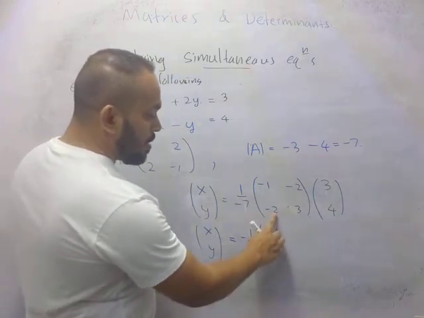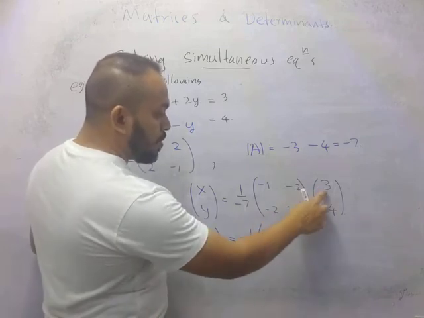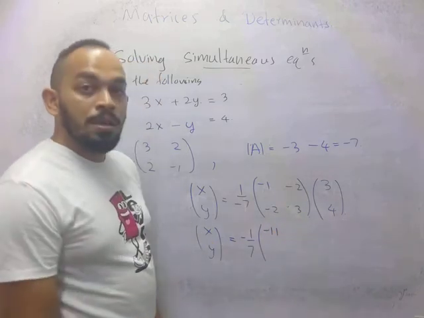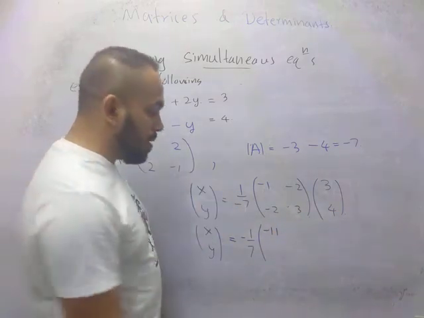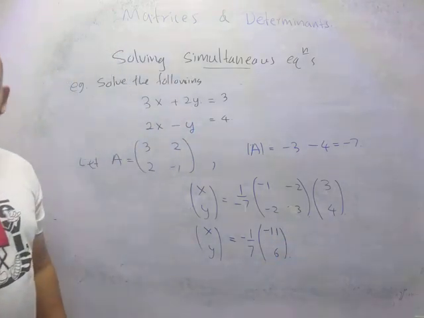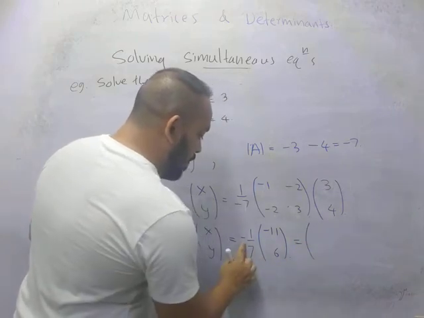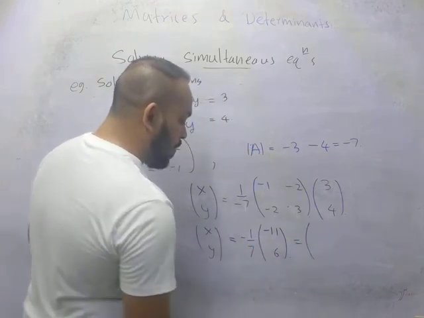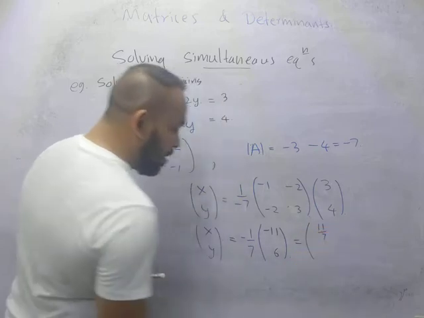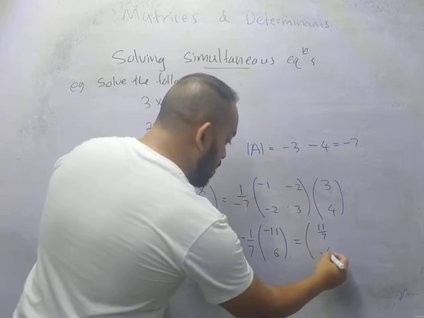That's it. Next, second row with the first column. So minus 2 into 3 is minus 6, 3 into 4 is plus 12, plus 12 minus 6 is plus 6. Right, that's it. So what are the solutions? When you put minus 1 over 7 inside, this becomes 11 over 7, and here this becomes minus 6 over 7.